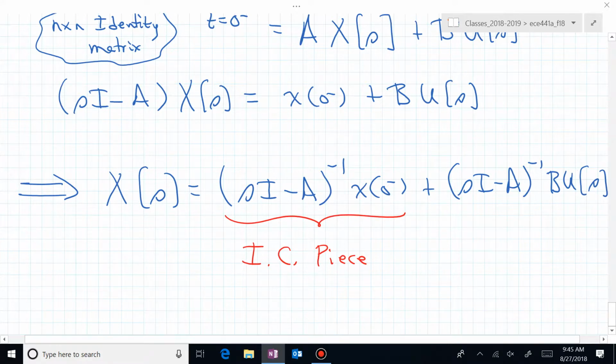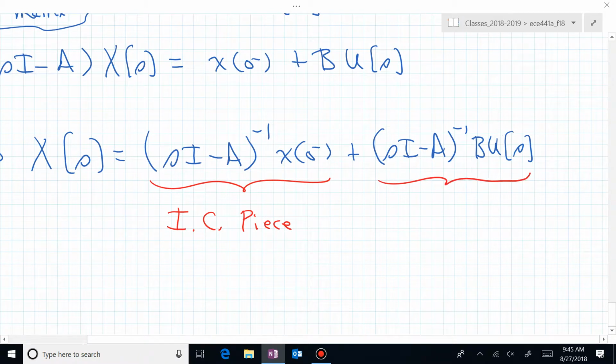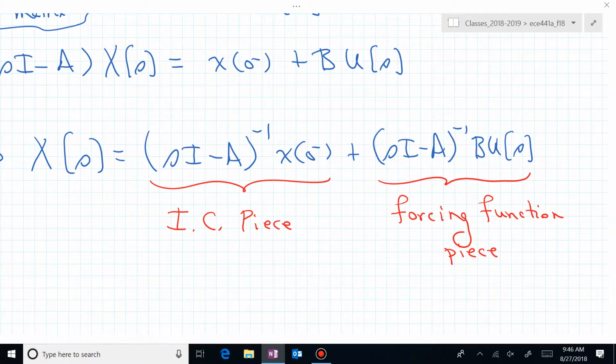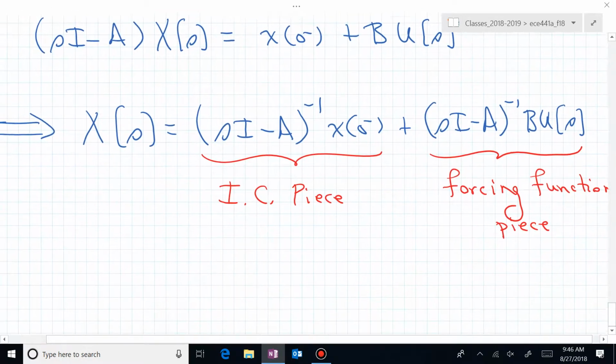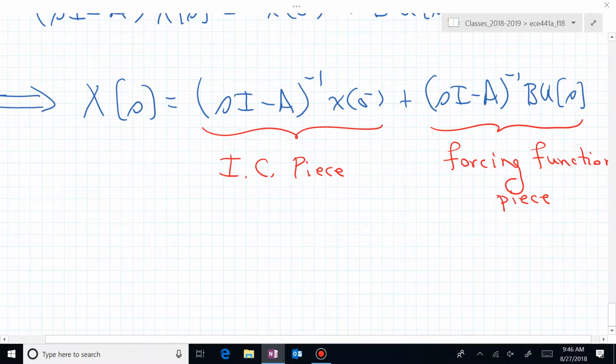We also have our piece that's due to the forcing function or the input, and that's the piece that's actually going to be more critical when we look at the transfer function. But we just went ahead and kept both pieces just to see the whole derivation in all of its generality.